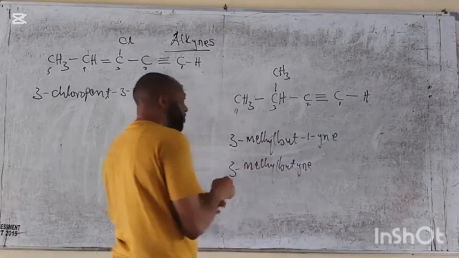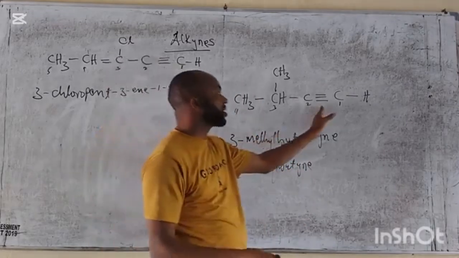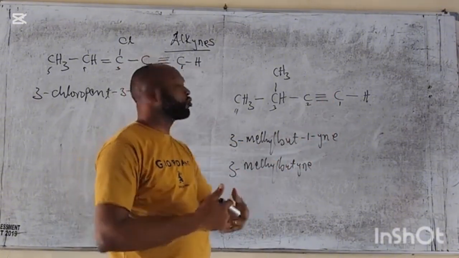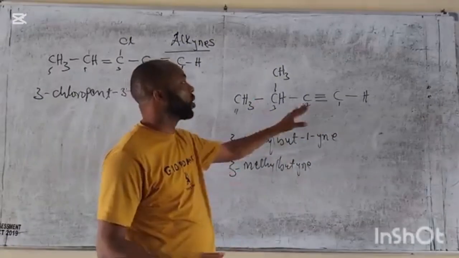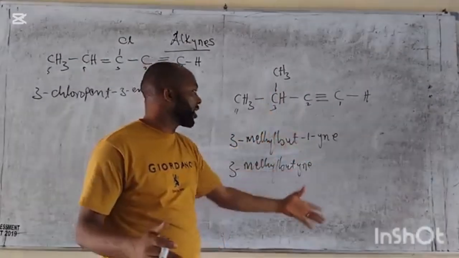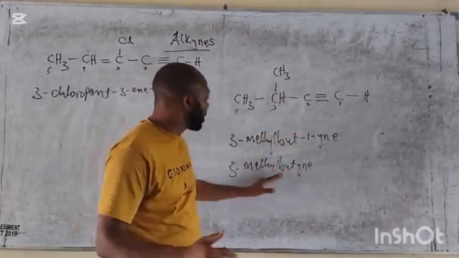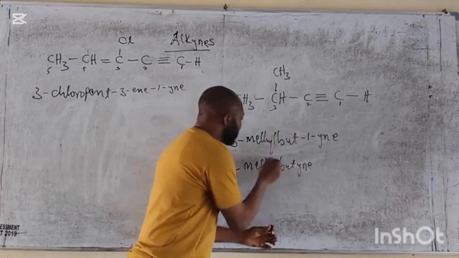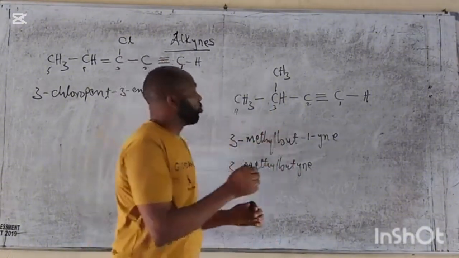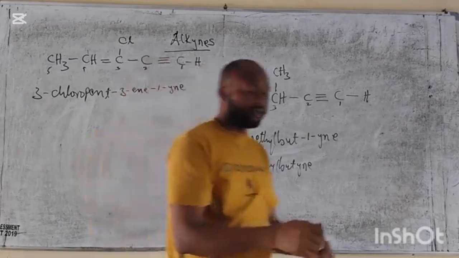It is butyne because the triple bond is in the terminal carbon. I don't need to specify. If I call it butyne any day, you know too well that the triple bond is in carbon 1. So in order not to bring it in, you can call it 3-methylbutyne or 3-methylbut-1-yne.